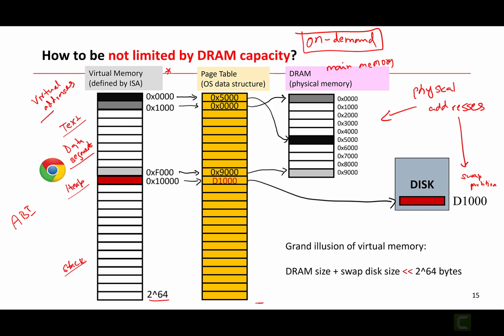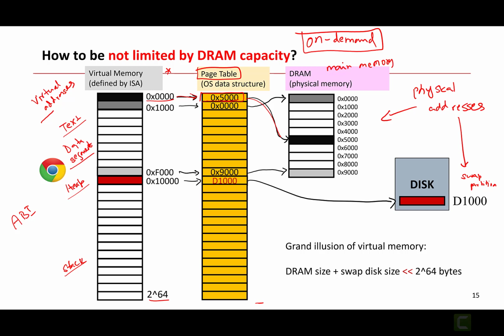And so it creates this data structure called a page table, and I'll tell you why it's called page table later on, but assume that it's just a table that maps every virtual address to a corresponding address in physical memory where that data is stored. So for example, the virtual address 0 maps to the physical address 5000.